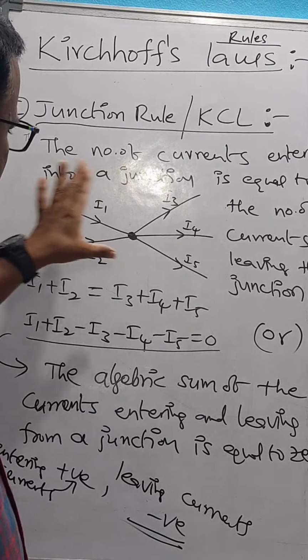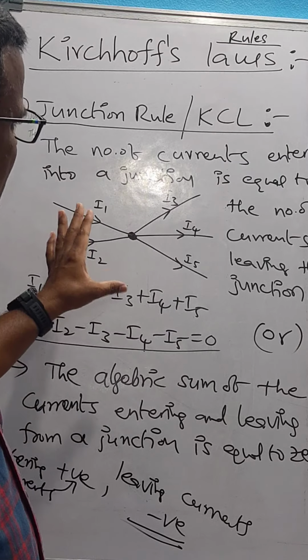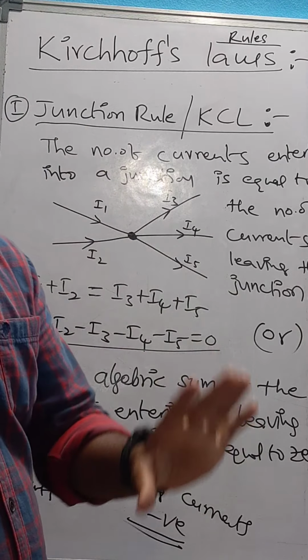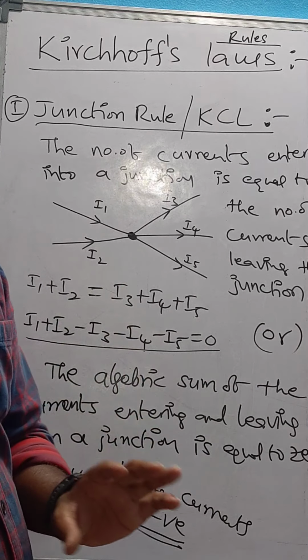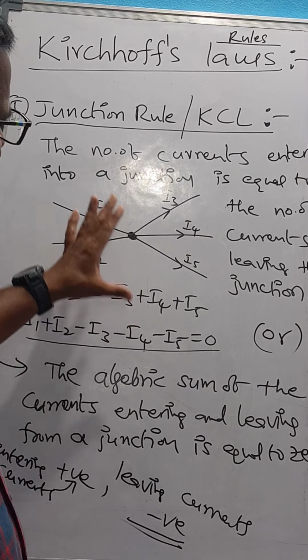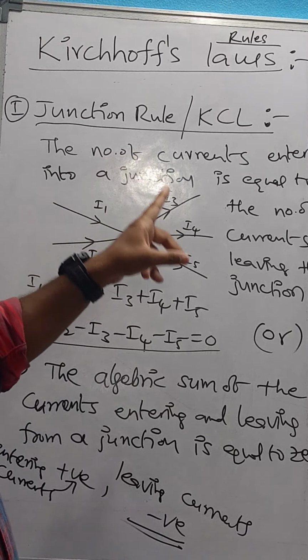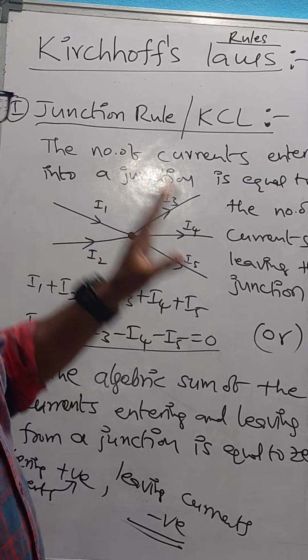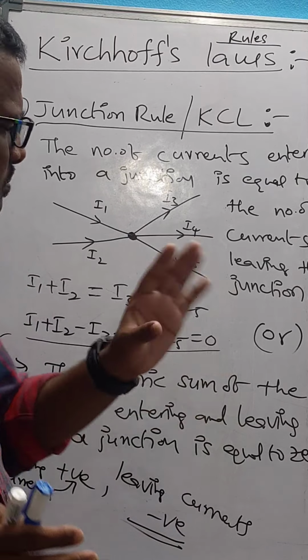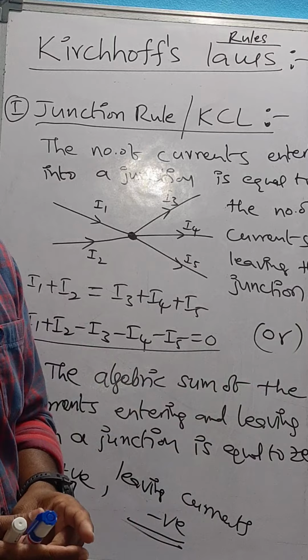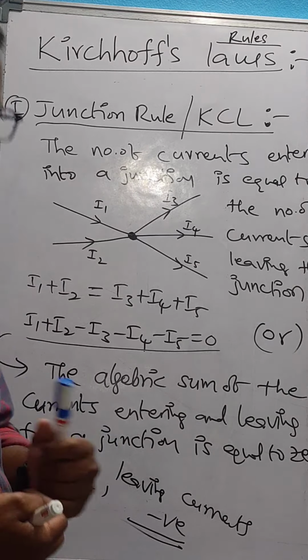So that is Kirchhoff's junction rule, or Kirchhoff's current law. In this rule, Kirchhoff stated how to take the sign convention of the currents at a junction. Since this law is about current, it is also called Kirchhoff's current law.